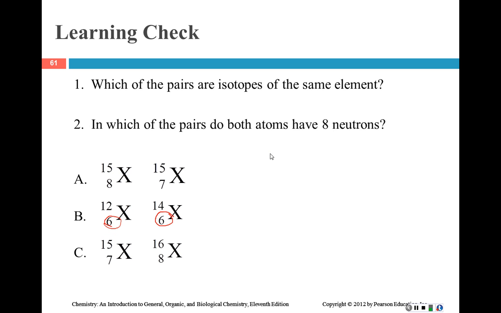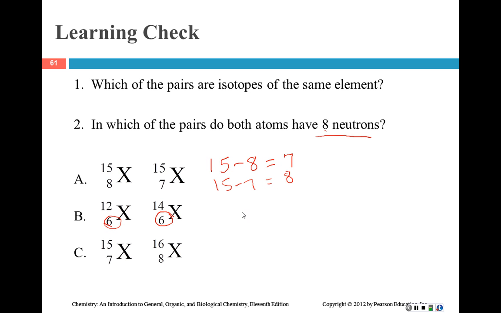And the second question to this is, in which of the pairs do both atoms have 8 neutrons? So in order to find out neutrons, we have to say 15 minus 8 equals 7. 15 minus 7 equals 8.